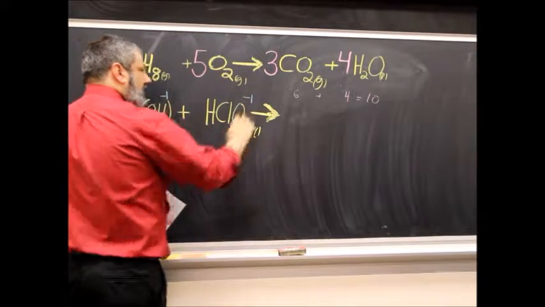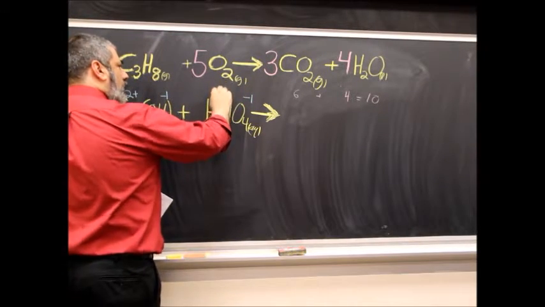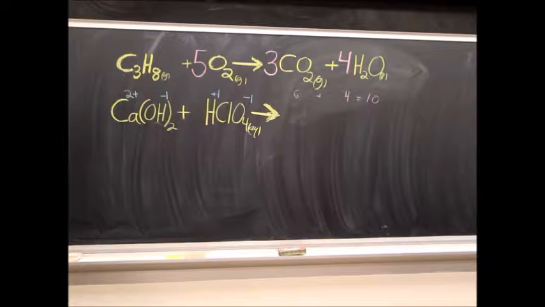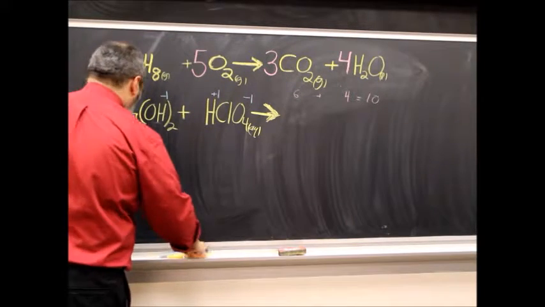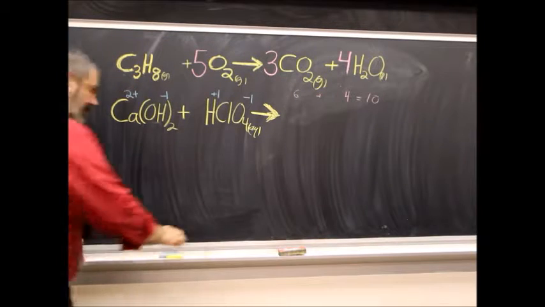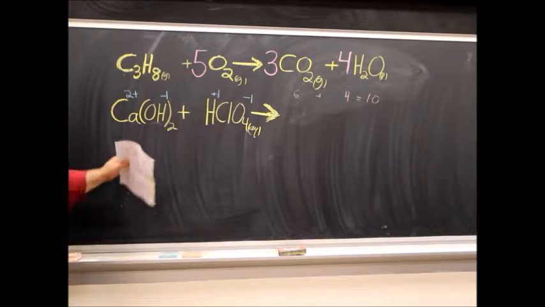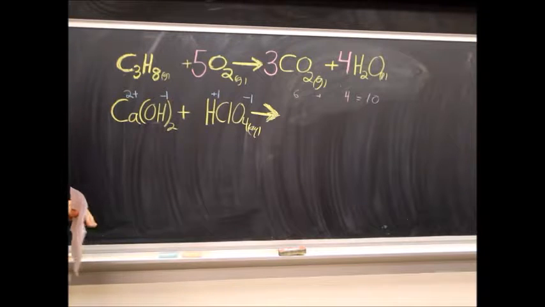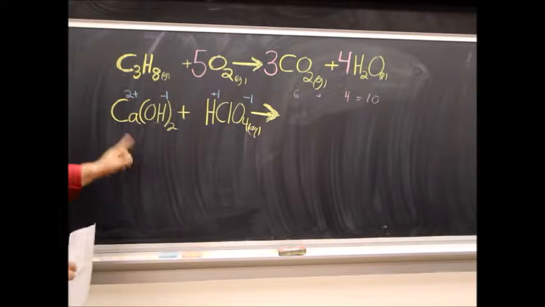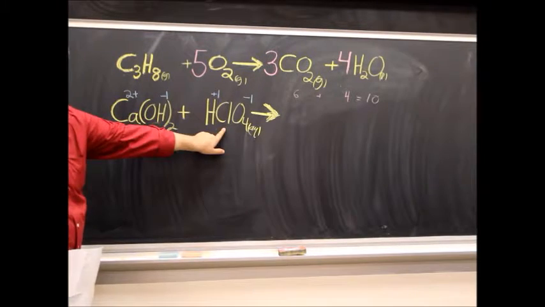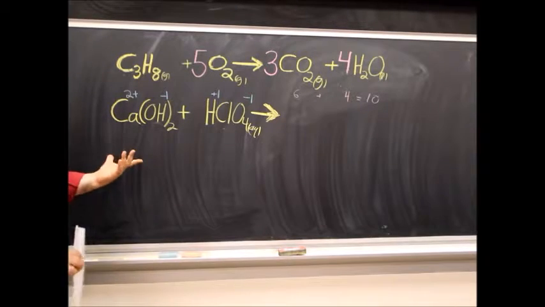Perchlorate is -1. A proton, H, is +1. So just writing out these charges will hopefully help us. Now, in the case of an acid-base reaction, we're going to make a salt, which will be calcium perchlorate, and we're going to make water, H2O.